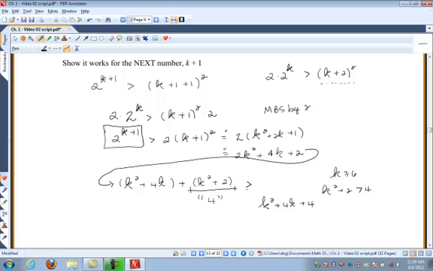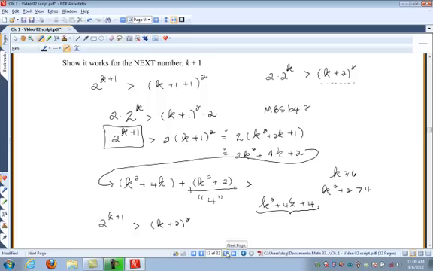Strictly greater. So now I've got 2 to the k plus 1 is greater than k plus 2 squared, which is what this is. This is a perfect square now. That's why I picked 4, so it would be a perfect square. And that's exactly what I want. So that's a fairly tough induction proof because it's an inequality.